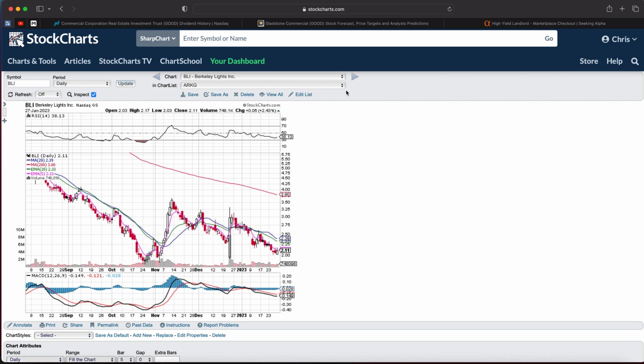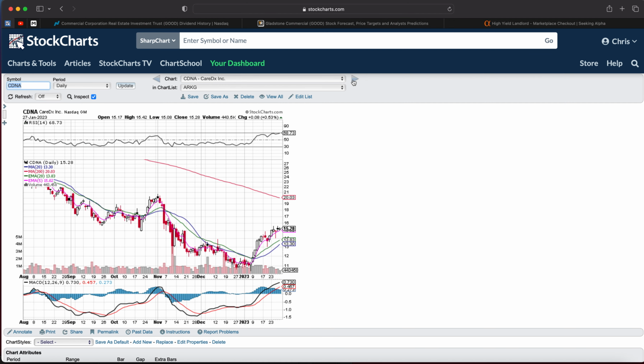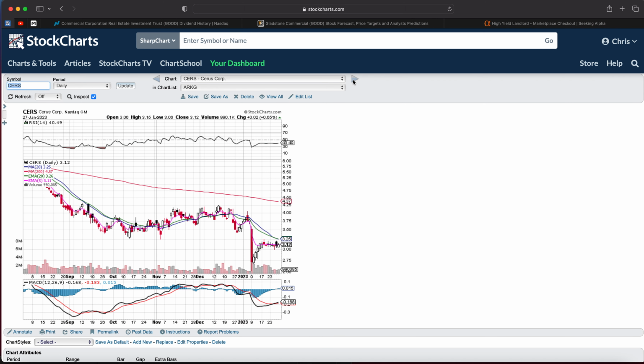And you just keep going. Keep going, keep going, keep going. All right, so these are the stocks that make up the ARKG, which is the ARK Investment Trust.